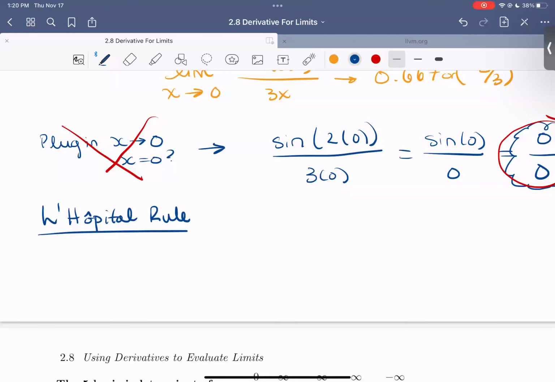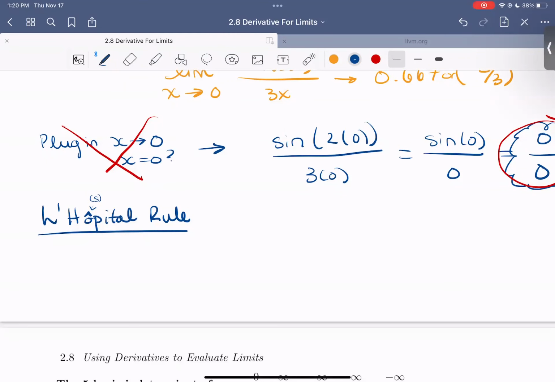The original spelling of L'Hopital's name included the S, but French spellings removed the S and instead added this accent, which is called a circumflex. So there's a little history for you as well. All right, but let's get into the rule.